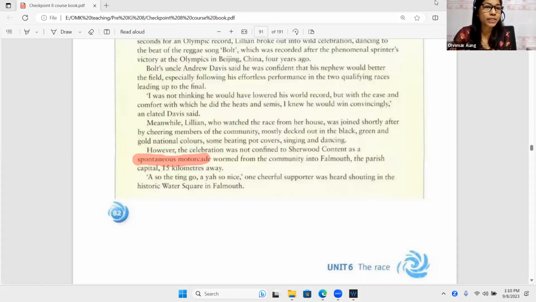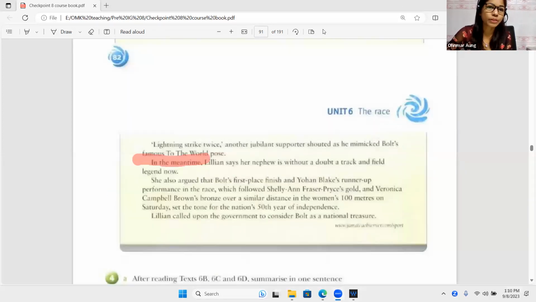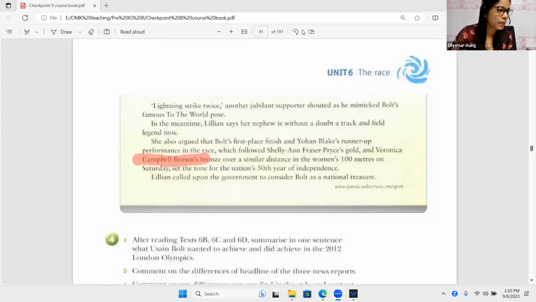Spontaneous means we could not know when they come. We could not know. That is called spontaneous. Spontaneous motorcade. Not planned. It's not planned, right? It is called spontaneous motorcade. Okay. Let's go to the last part.